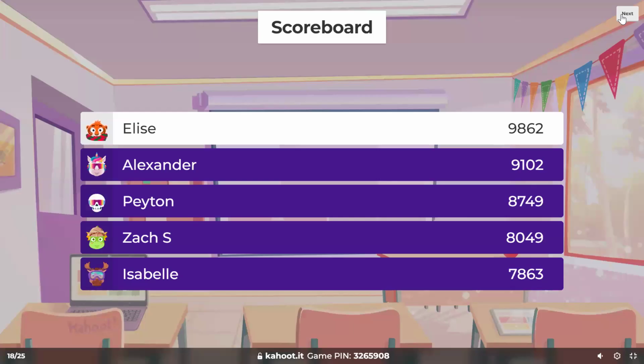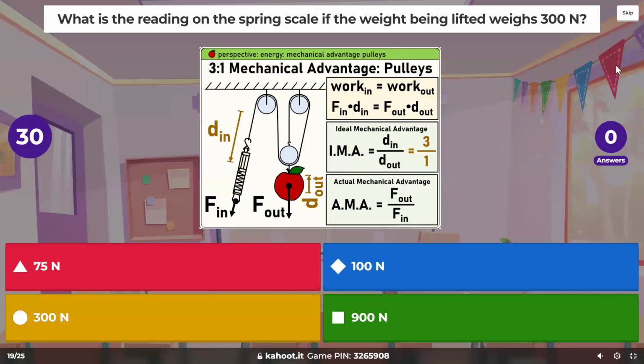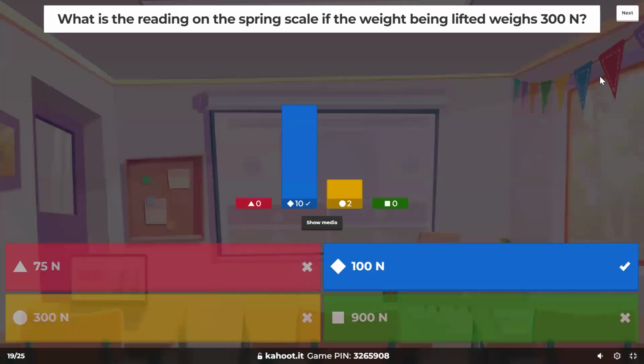What is the reading on the spring scale if the weight is 300 newtons? Yeah, 100 newtons.